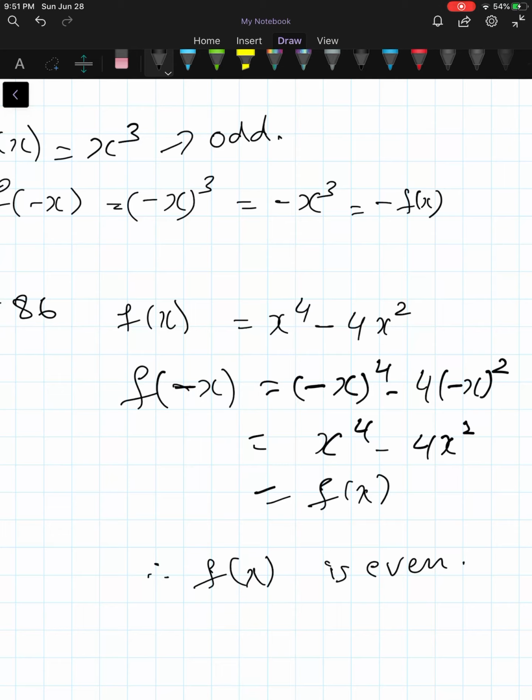But if you are asked to use the definition, you have to do the method that I taught you right now. And if you are asked to use the graph, you should use the graphical method where we drew lines and measured the distances to be equal, after sketching the graph and verifying the function to be even or odd.